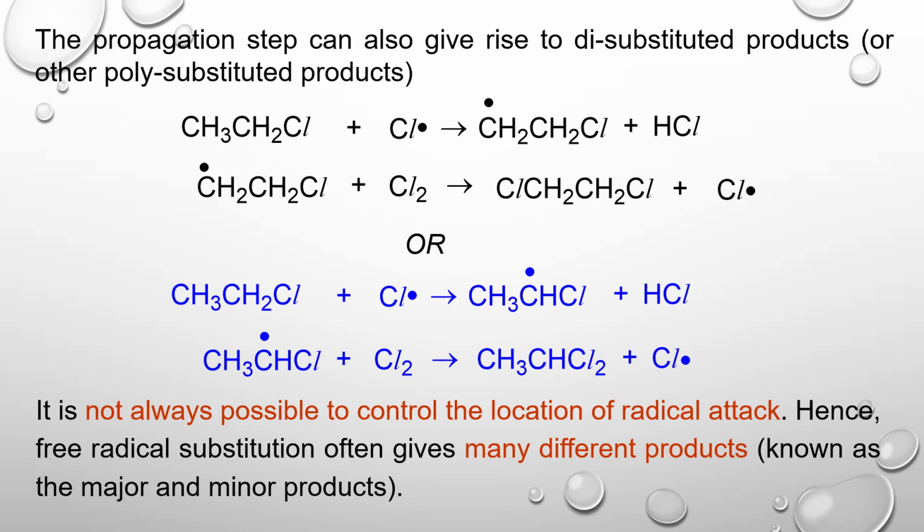Seriously, it is not possible to control where the radical is attacking. That is why in a free radical substitution, we often say that it always gives a mixture of products. So in a free radical substitution, it will give many different types of products, some major, some minor, depending on which reactant you put in more.